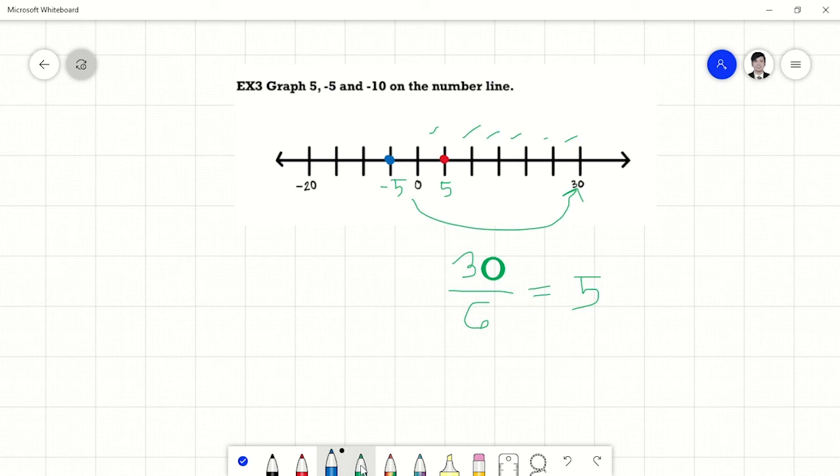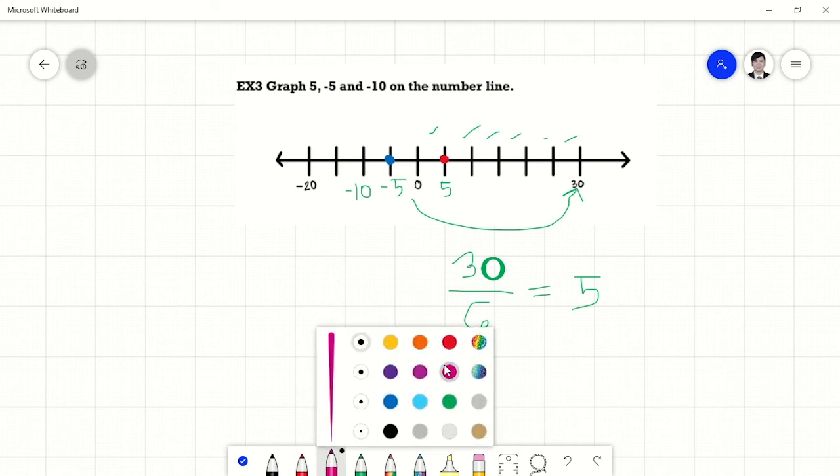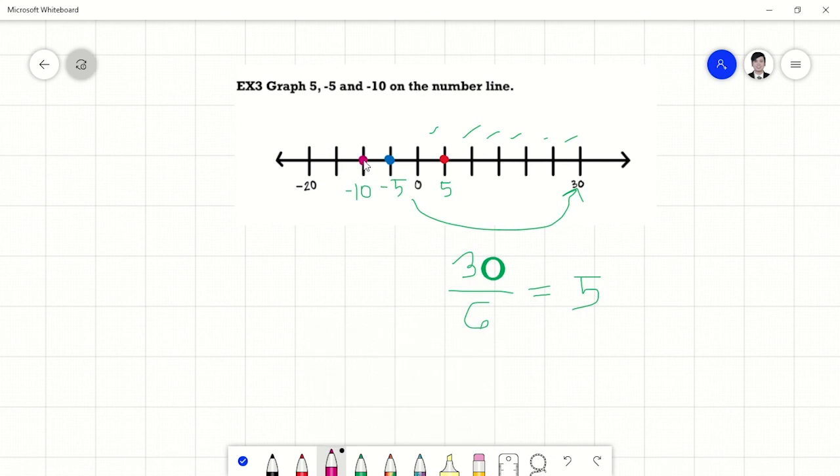And lastly, we have -10. From -5, this would be -10. So, again, put the dot as an indicator of its location.